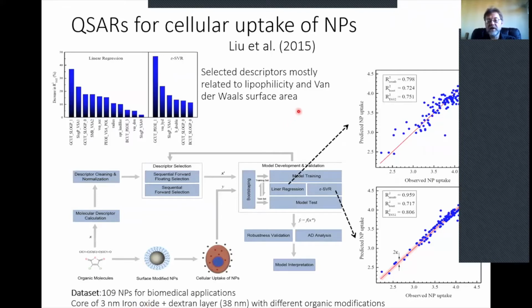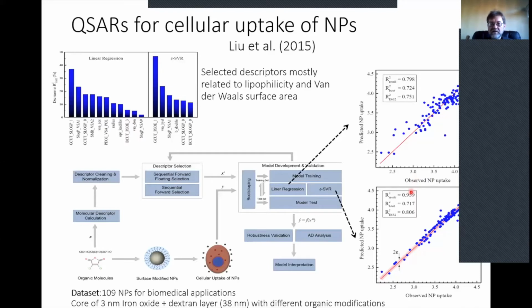And they found that if you know certain advanced descriptors, which are not known immediately from all-atom structures but can be calculated relatively easily, lipophilicity and van der Waals surface area are predictive of that. And if you calculate these properties systematically for a range of materials, then you can build a regression and make a prediction for the cell uptake. And it works. So you see the correlation is pretty good.